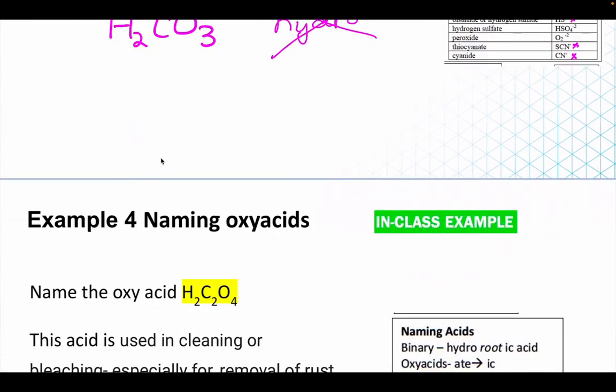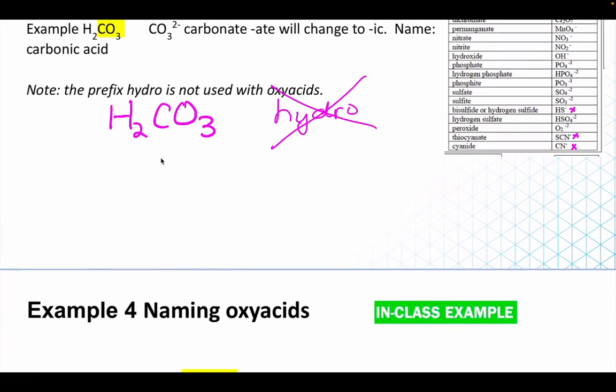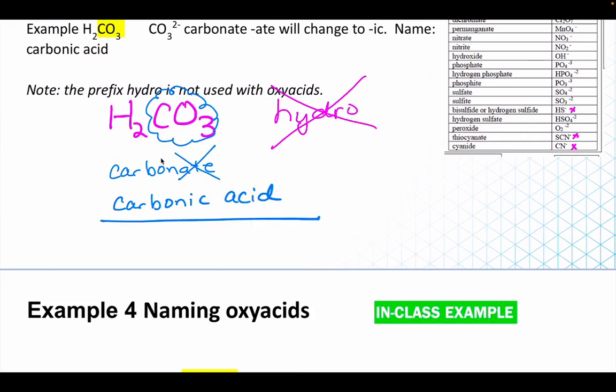So this is carbonate, and ate changes to ic. So this is carbonic acid.